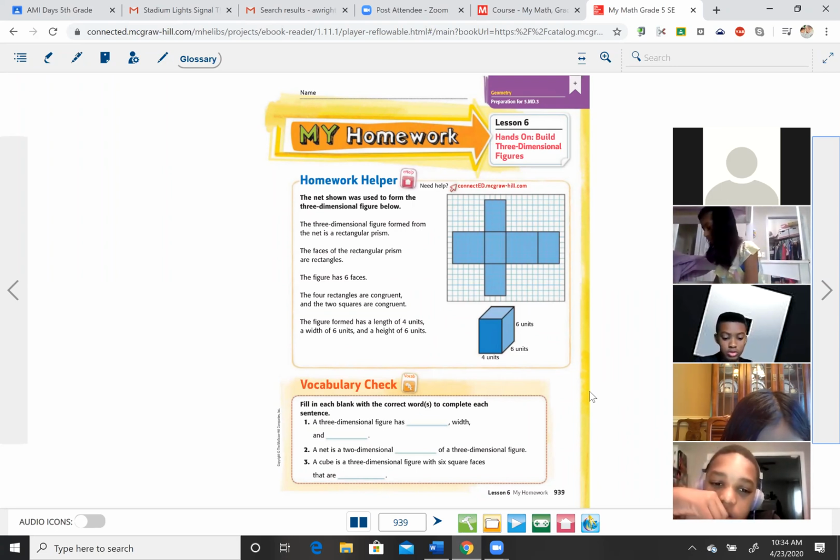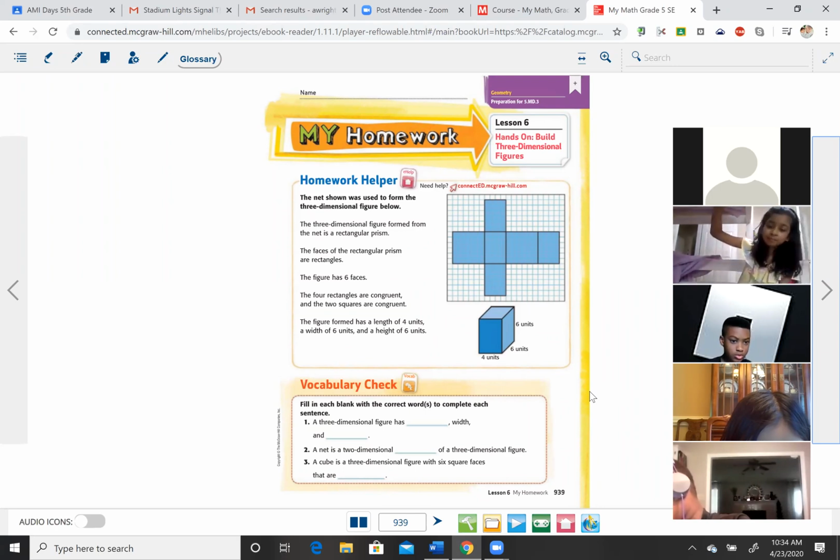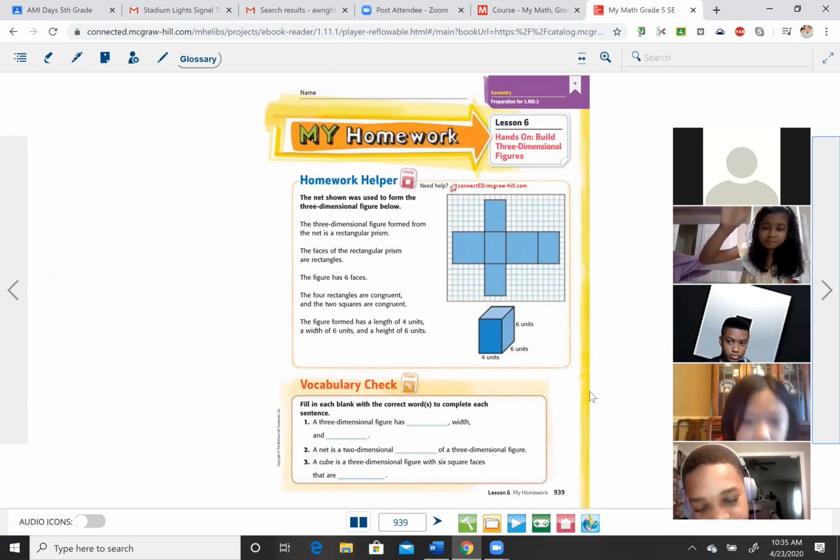The word I would use there is a cutout because it all needs to be folded back together. But just figure out a word that kind of goes somewhere with that, because a net is not a 2-dimensional figure of a 3-dimensional figure. I mean, it's a 2-dimensional model because it's all folded out.